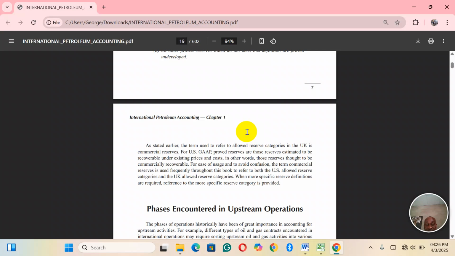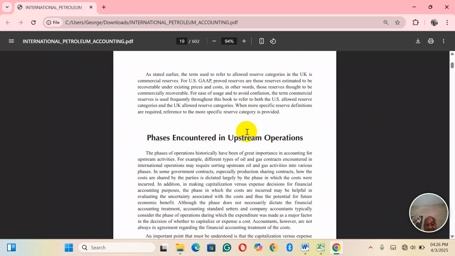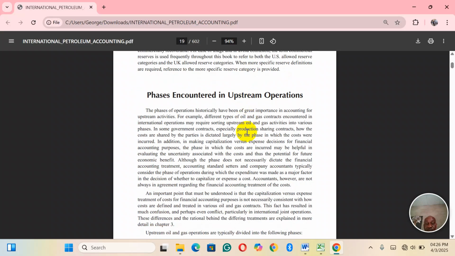So reference to the more specific reserve category is proved, and we are looking at the phases encountered in upstream operation. The phases of operation have historically been of great importance in accounting for upstream activities.